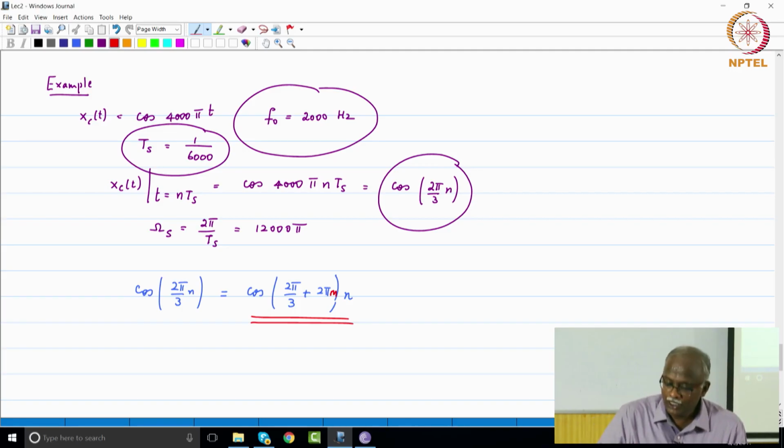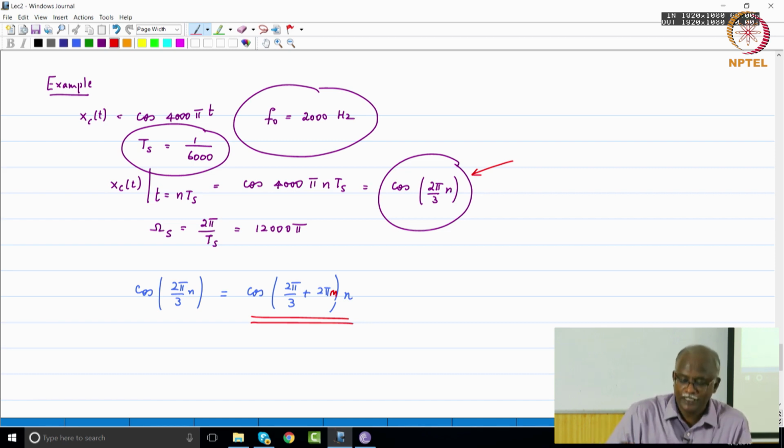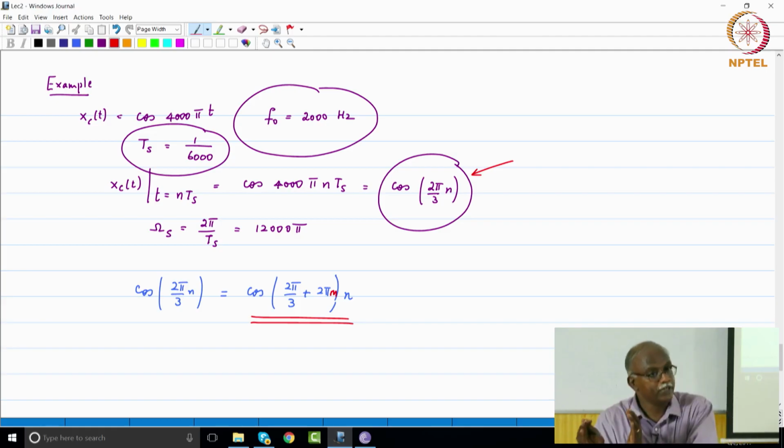Okay. So, basically what we are saying is that the process of sampling produces for us a discrete time signal. This discrete time signal can be interpreted in terms of a continuous time signal only under the assumption that you have satisfied Nyquist. If you have satisfied Nyquist, then you have a unique representation.